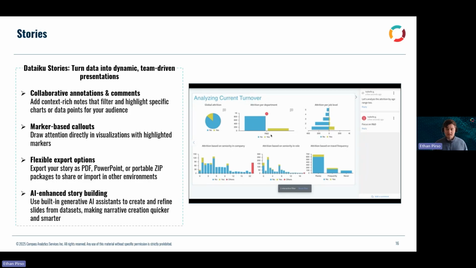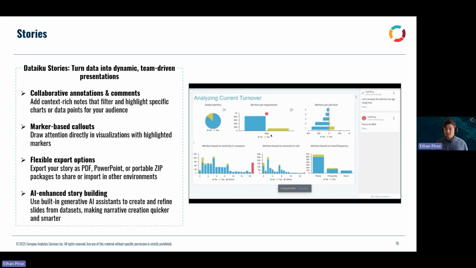You can place markers to highlight specific points on a graph, add context through annotations that filter or explain what the audience is seeing, and start a discussion thread right on the slide, keeping feedback and interpretation close to the data. And when you're done, you can export your story to PDF, PowerPoint, or even a zip package that preserves the structure and layout.